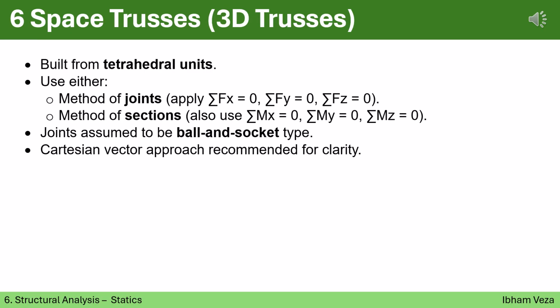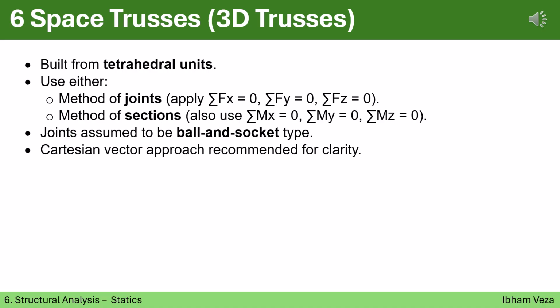Space trusses, 3D trusses. Space trusses are three-dimensional truss structures commonly used in large-span roofs, towers, and aerospace applications. They are often constructed from tetrahedral units, which provide stability in 3 dimensions.